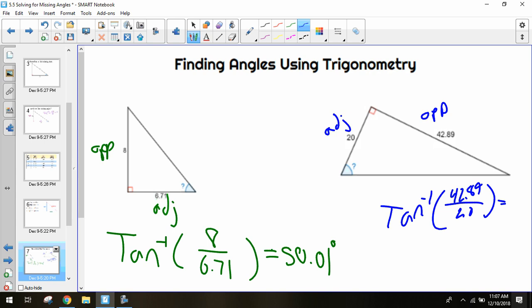We end up with 65.04. What? 65.05. I have 64.9. I probably hit one. Is it 20 or 21? 20. Why didn't you even ask me? I got 64.99. I switched two numbers. Thank you for catching that.